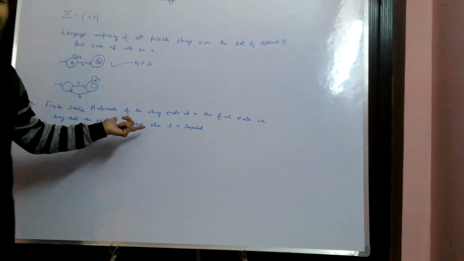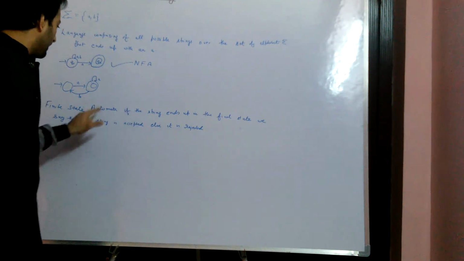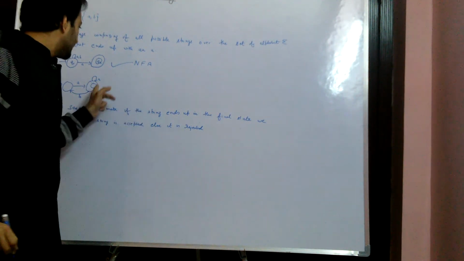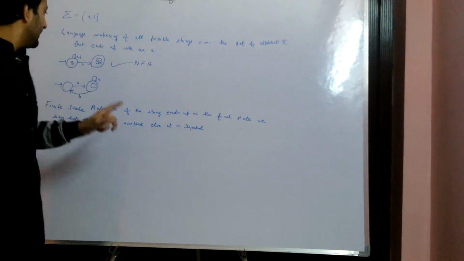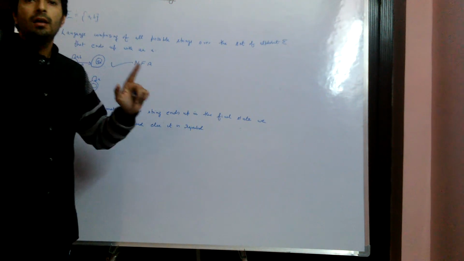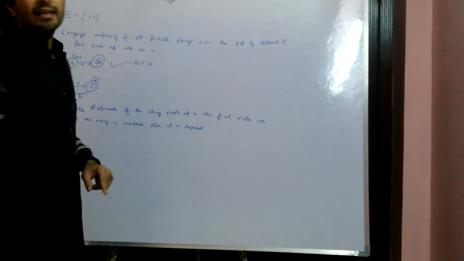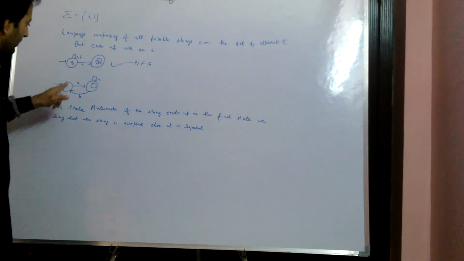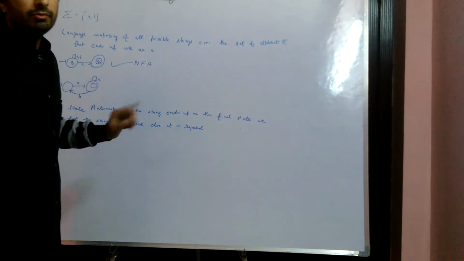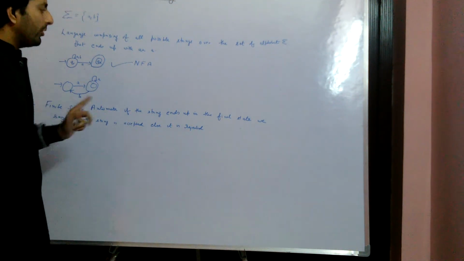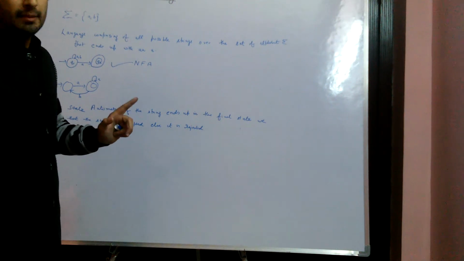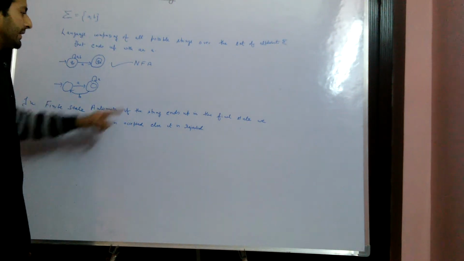What I mean to say is that if at the end of the string we reach the final state, then we say that the string has been accepted. If we are not reaching the final state at the end of the string, like in this case, we are reaching some state other than the final state, then we are not going to say that this string is accepted. Else it has been rejected.